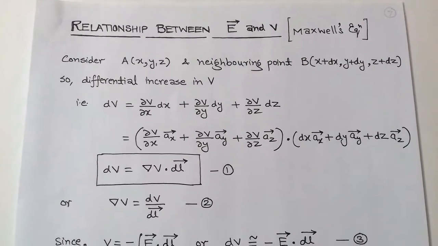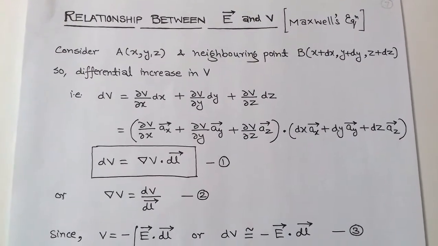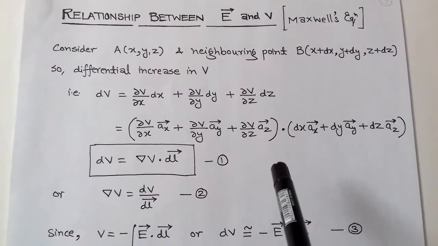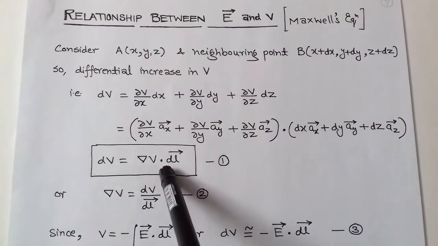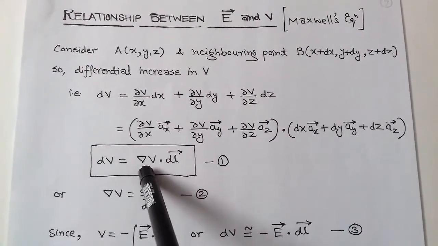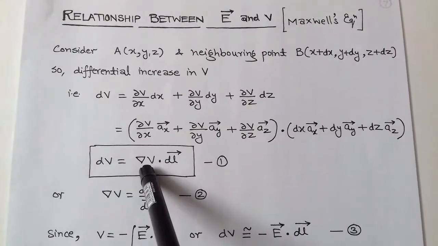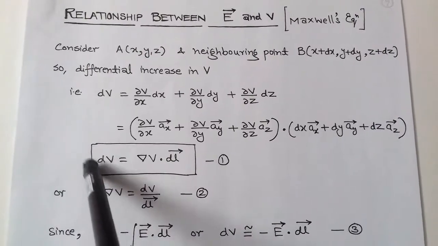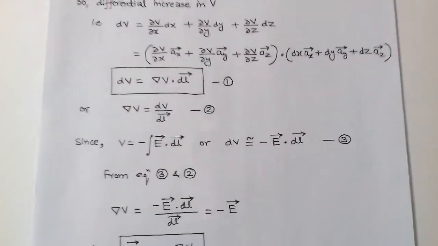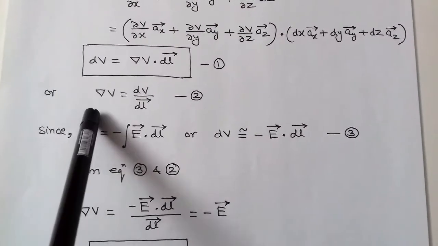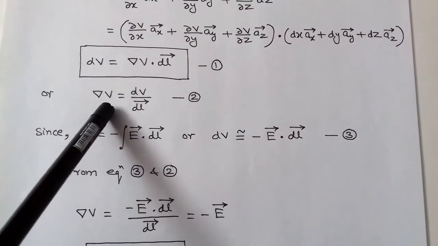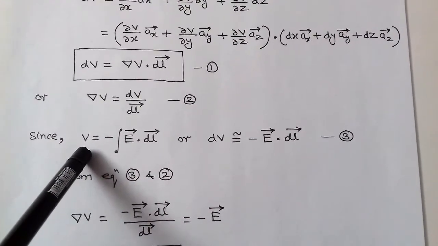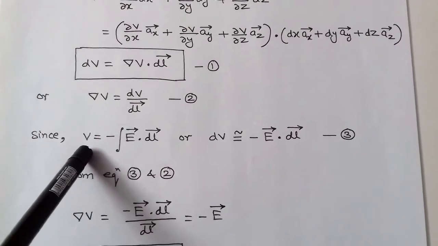So from here dV is equal to del V dot dl. The gradient of a scalar results in a vector, and the dot product of two vectors gives a scalar, that is dV. dV is a scalar. So here the gradient of V is dV upon dl. The first equation is dV and the second equation is in terms of the gradient del V.